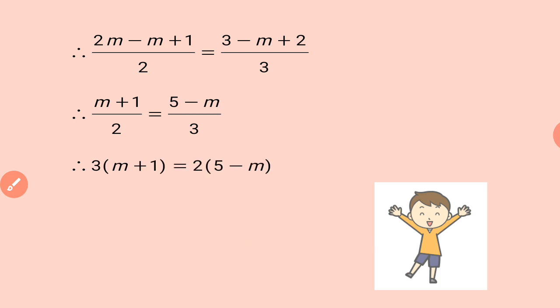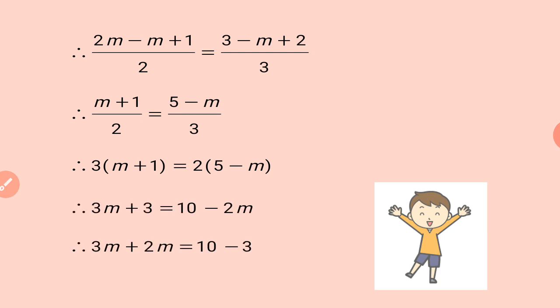So this is what you get: 3(m plus 1) equal to 2(5 minus m). Now open the bracket, solve for m. Take m related terms on one side and the constants on the other, and when you proceed you get m equal to 7 by 5.